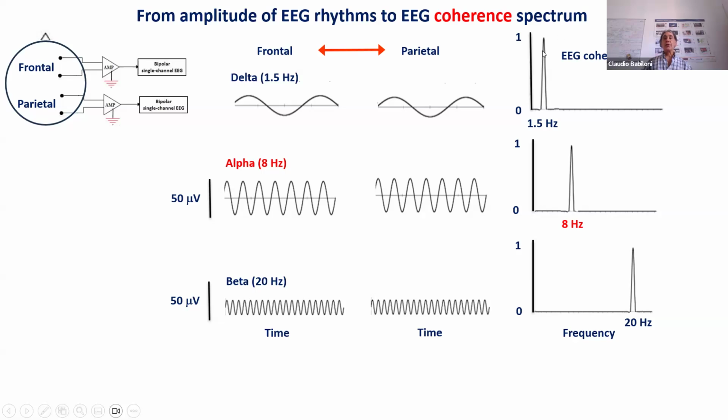So the spectral coherence of two EEG activities can be used for formulating a hypothesis on functional cortical connectivity during the EEG recording, in this case, resting state EEG recording.